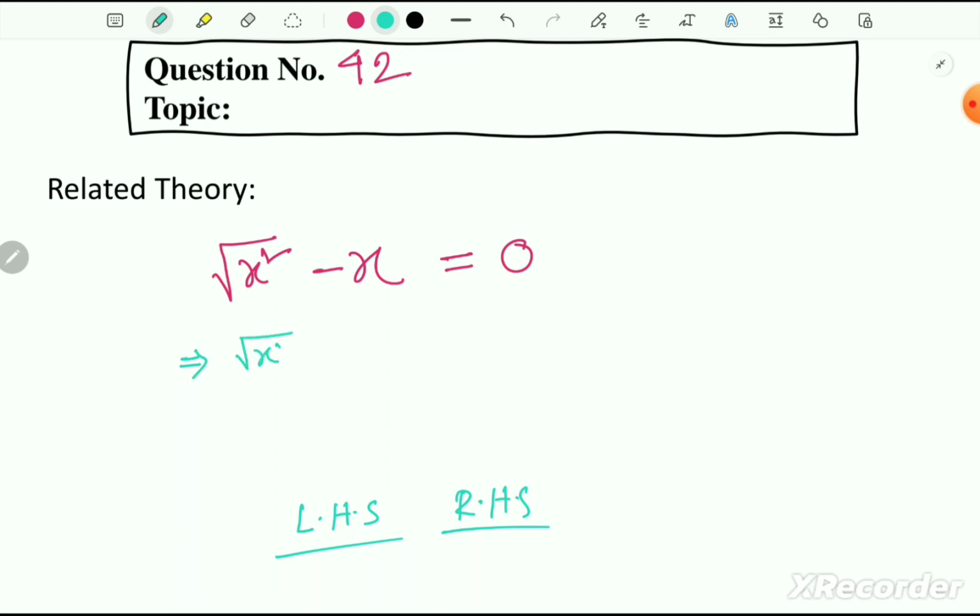root of x square equal to x. Just we change the side, we move the x from the left hand side to the right hand side. Some of you will make a mistake. For example, you will try to write like this, that x minus x equal to 0, x equal to x.